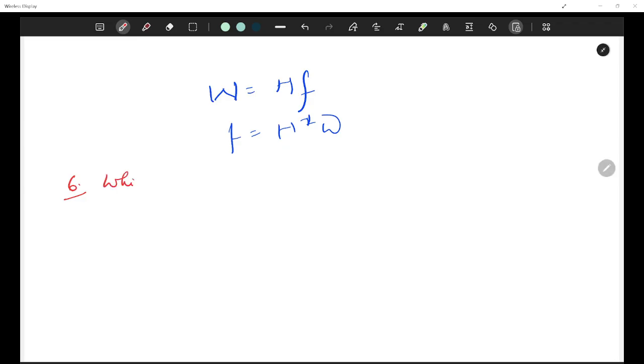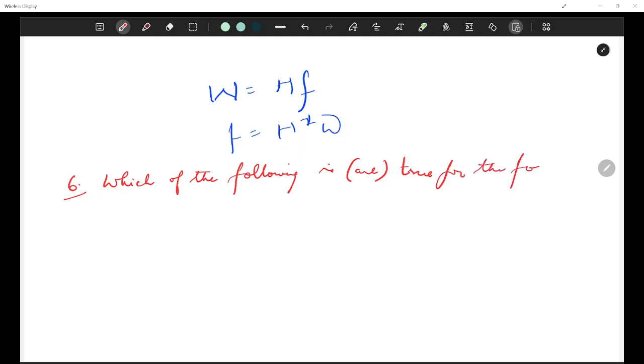Which of the following is, or can be, true for the force transformation matrix H in a 6 degree of freedom Gough-Stewart platform?